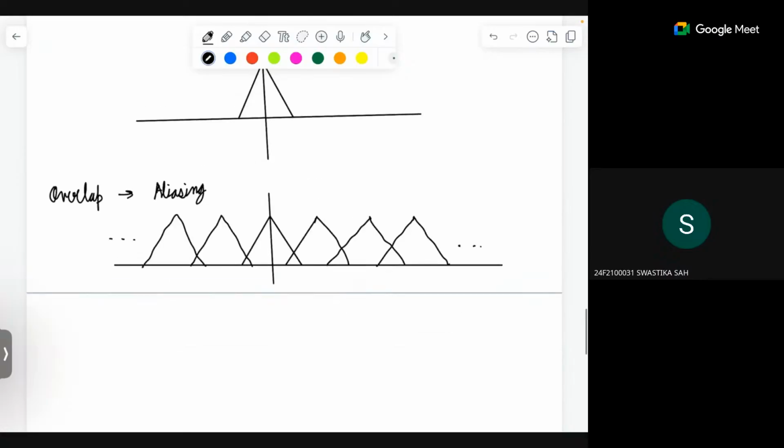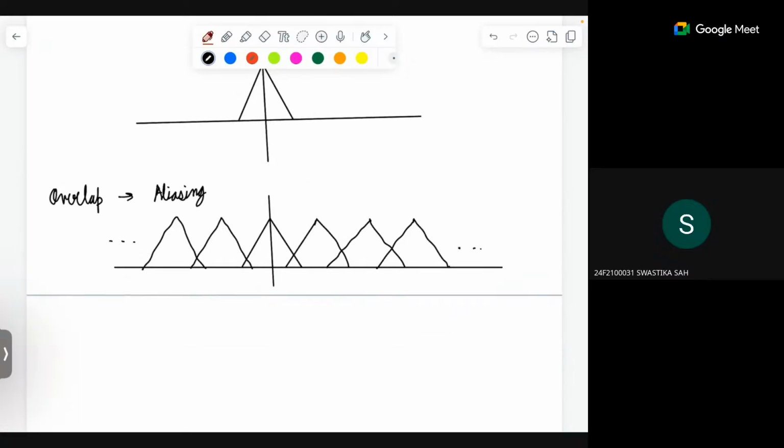So when we have overlap, and if in this overlap I apply a low pass filter, will I get back x(t)? No, I will not get it back, because these extra things will be passed and that will not give me x(t) back.